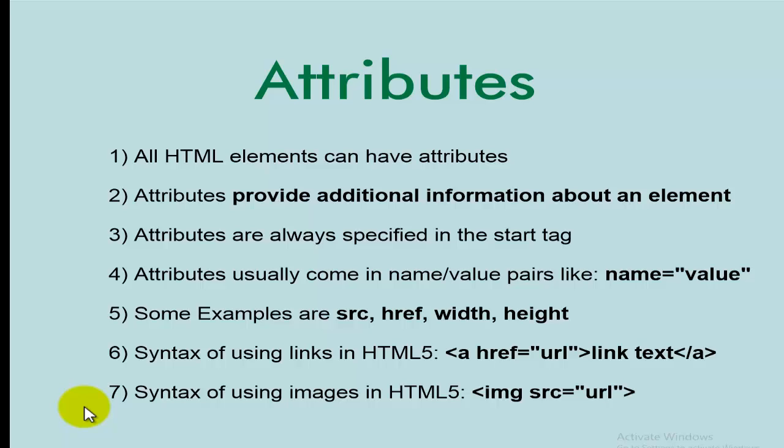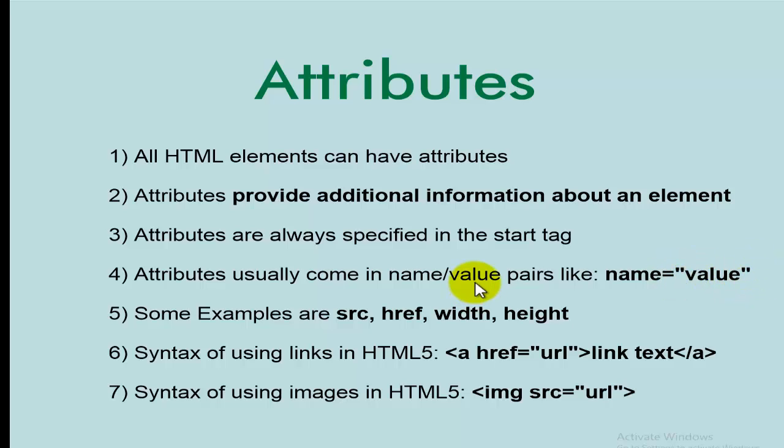What is the structure of this? In HTML, there are many kinds of attributes like width, height, background color, and many more. So you just have to type that thing and then the value of that thing. Its syntax looks like this: name equal to value.